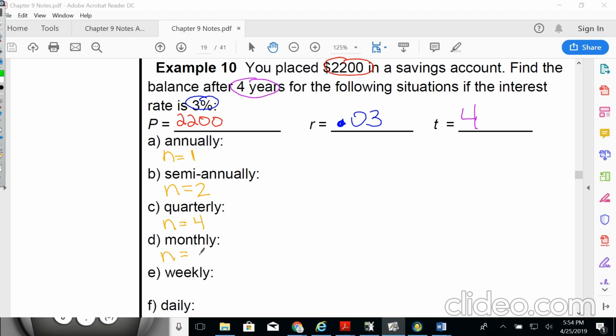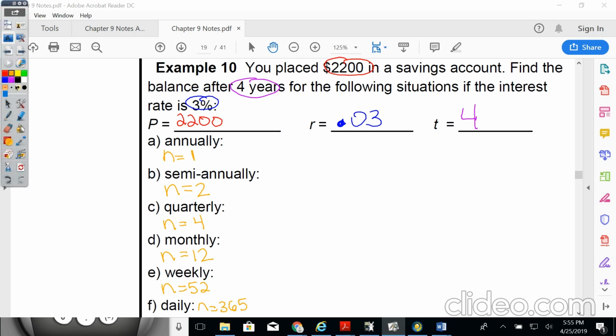Monthly, 12 times a year. Weekly, how many weeks are there in a year? 52. And daily would be 365. For all of them, we want to set this up. The only thing that's going to change is the frequency. So I'm just going to set one of them up, and then you can do the rest.